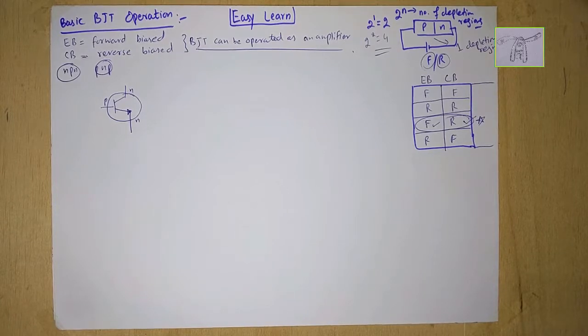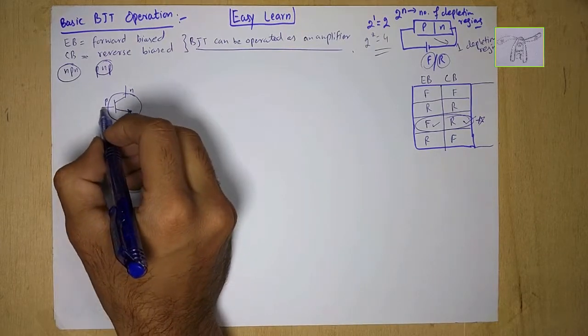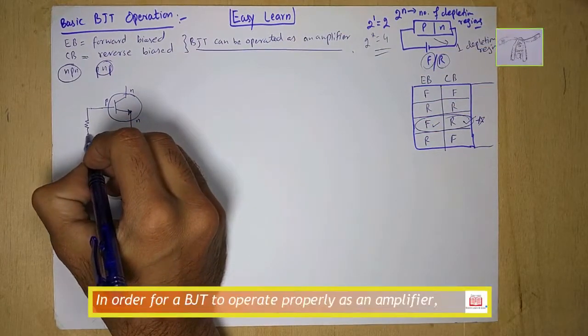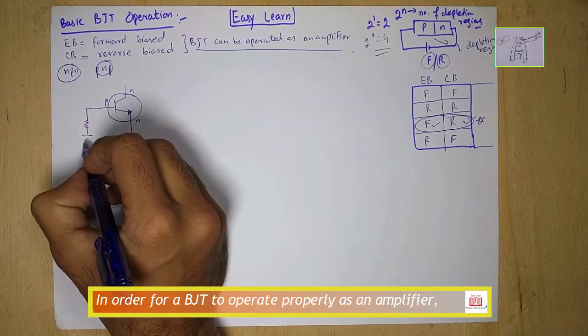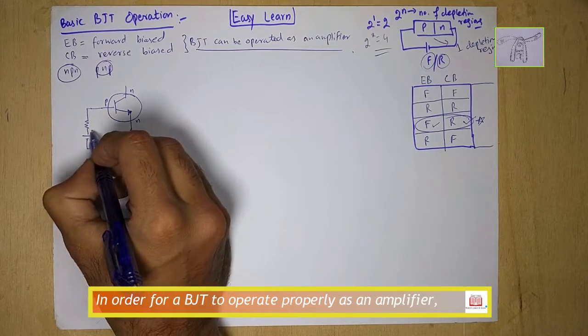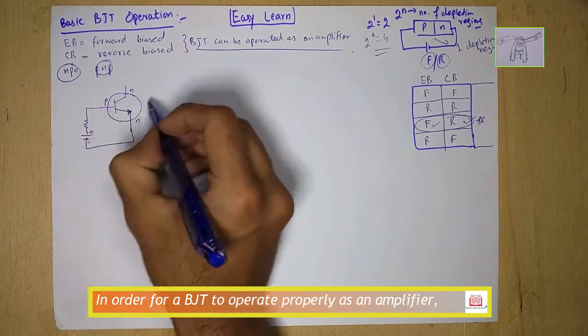Voltage polarities are reversed and current directions are also reversed. On the positive side we need a limiting resistance, and it is connected with the positive terminal of the battery, and this is the negative terminal.